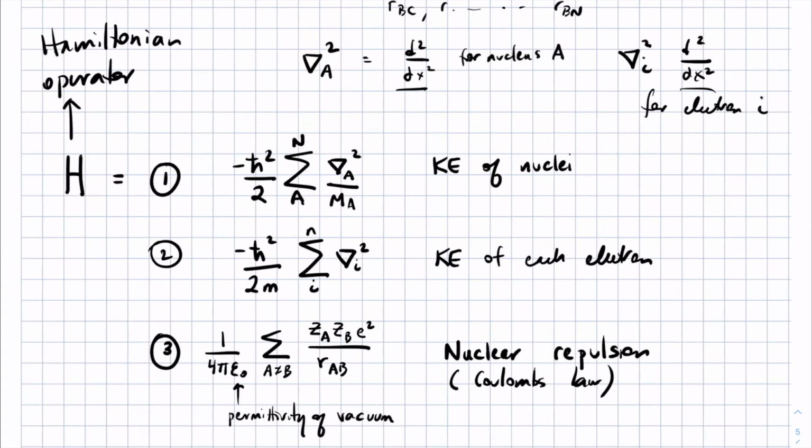So if you remember Coulomb's law, actually, the one I remembered is that the force between two charges is proportional to 1 over r squared. So why don't we have r squared in the denominator? Well, it turns out that energy is a force exerted over a distance.